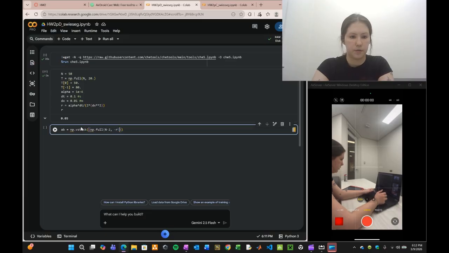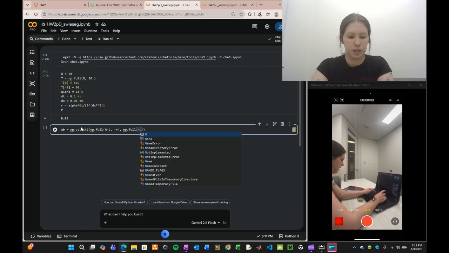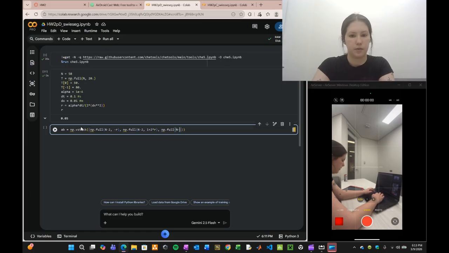And then numpy.full n minus 2 1 plus 2 times r, and then numpy.full of n minus 2 again, and then that negative r for those repeating diagonals.